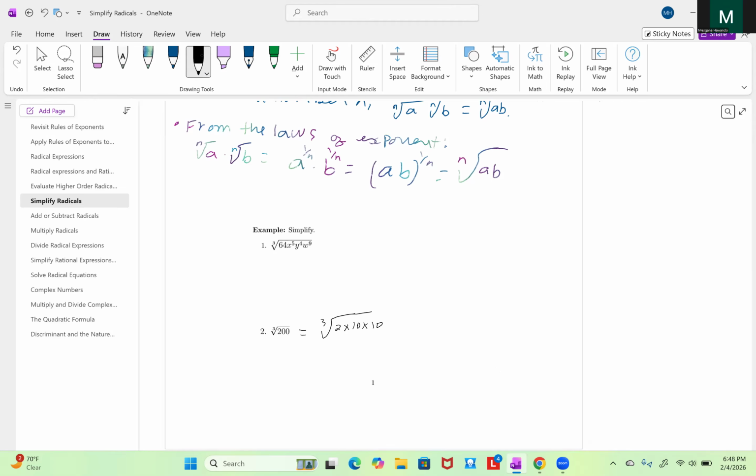So let's break the 200 down outside of the radical sign. 200 is 10 times 10 times 2. 10 is 2 times 5, and 10 is 2 times 5.